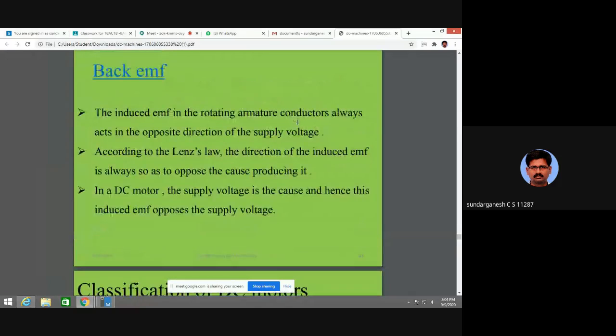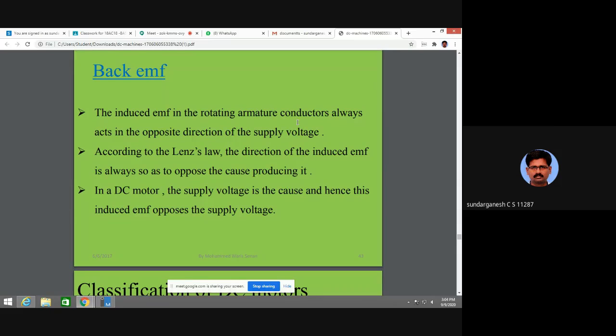Next, in a motor, we call it back EMF. In the generator, we said generated EMF. In the motor we use the term back EMF because we are supplying a voltage. That voltage, after some losses, is converted into mechanical energy. The mechanical energy equivalent in electrical energy we call back EMF.